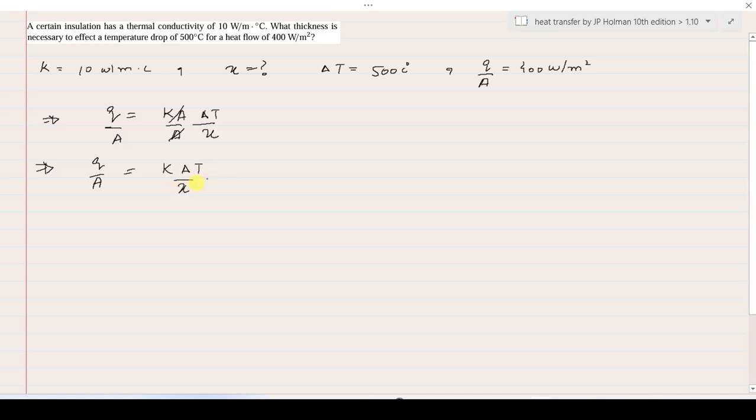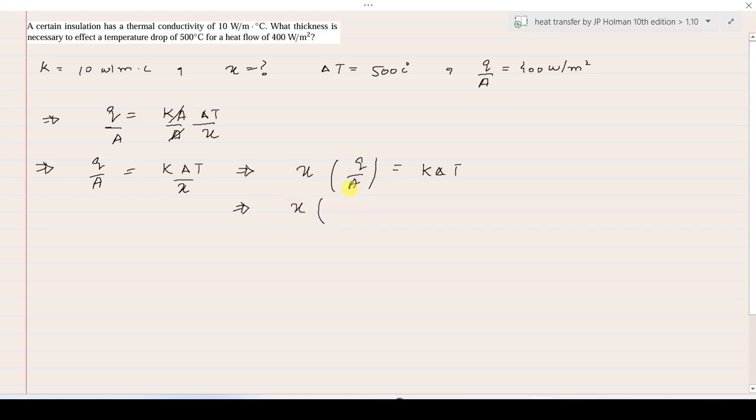We need to find this thickness. So yes, I can write that X, heat transfer per unit area, that is equal to thermal conductivity times the temperature drop. Now enter the values.